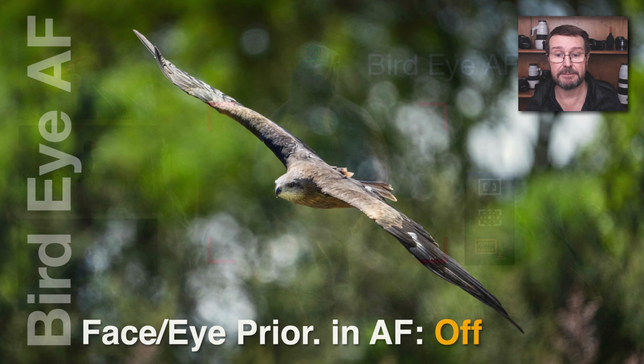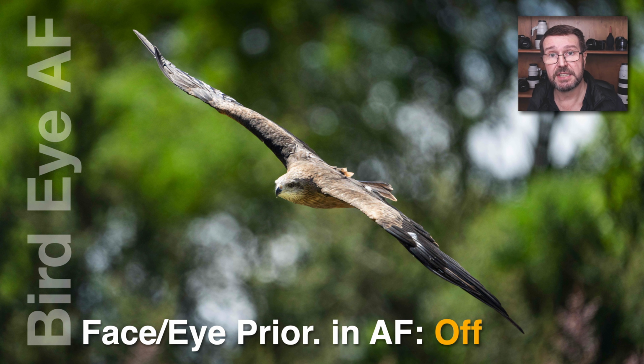to find that eye. There are instances, however, where maybe the bird has a dark eye surrounded by dark feathers and it's in the shade, and then the bird IF can really struggle. Now, in some instances, it might even be easier if you switch off face eye priority if you're encountering a situation such as this, because what I have picked up occasionally is the bird IAF perhaps recognizes that it is a bird, but then starts moving around the subject looking for the eye.